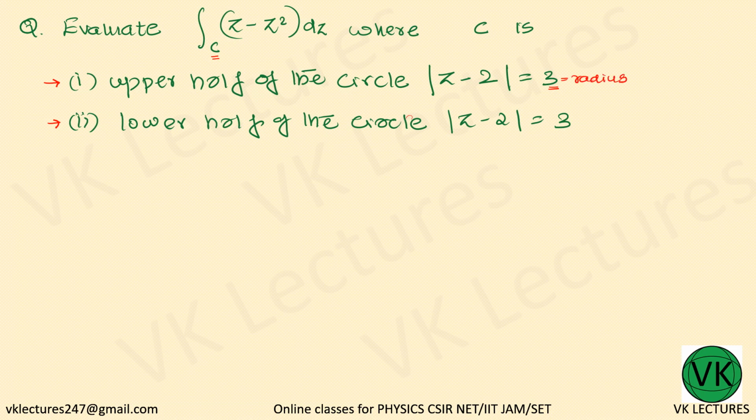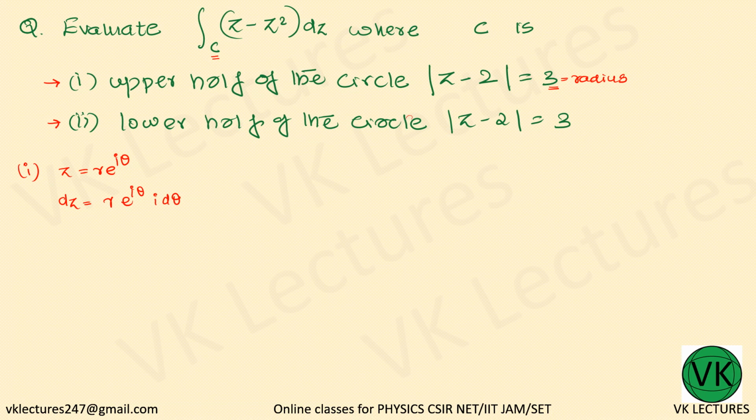Okay, now taking the first part, z is equal to r e to the power i theta, which means dz is equal to r e to the power i theta into i d theta.